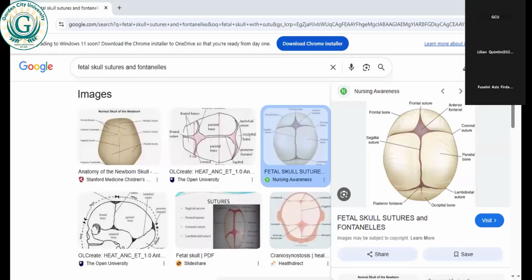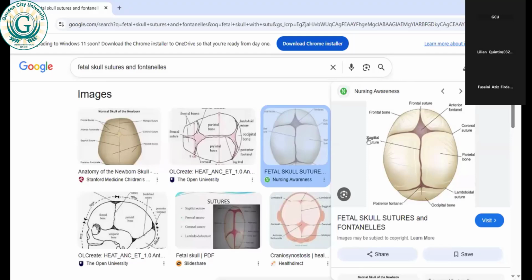So 3 sutures form the bregma, which is the anterior fontanelle. But the posterior, 2 sutures form it, and 3 form the anterior.